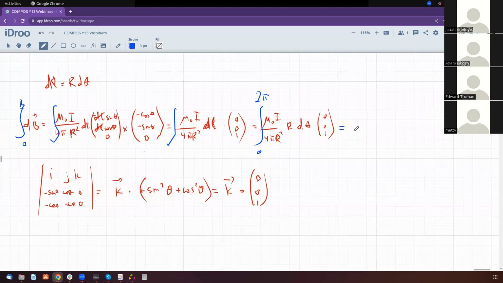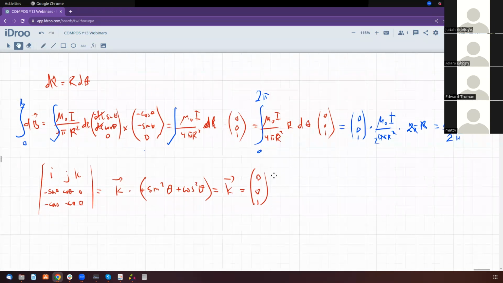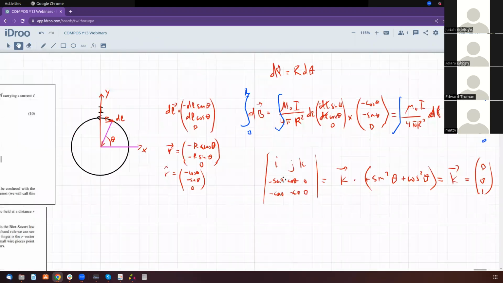Because these are constants, we have 0, 0, 1 multiplied by mu0 I over 4 pi r squared, multiplied by 2 pi r. 2 pi cancels, we have 2, r cancels, and it is equal to mu0 I divided by 2r.